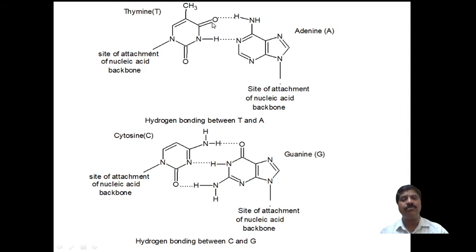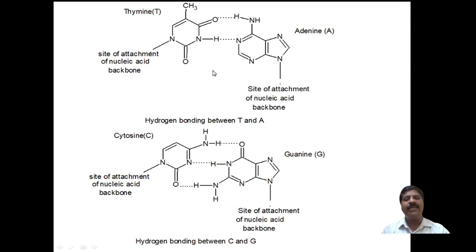Here oxygen is the more electronegative atom. Similarly, this nitrogen is more electronegative, and this hydrogen is already attached to another nitrogen atom. Hence, two hydrogen bonds take place here.